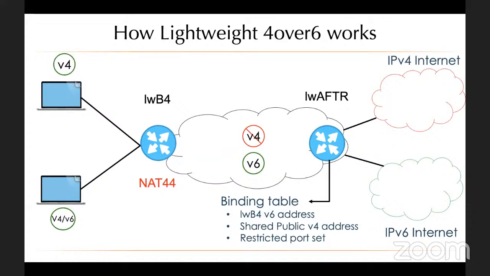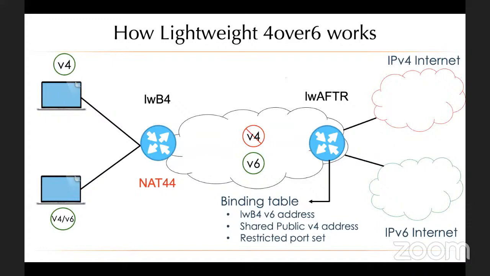When the packets are coming back from the IPv4 internet, we're going to use the binding table to determine which CPE is going to receive this packet, right? So remember, the binding table has the lightweight B4 IPv6 address, right?